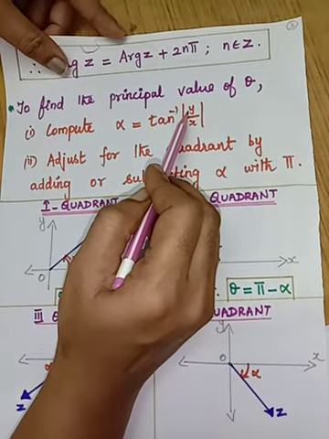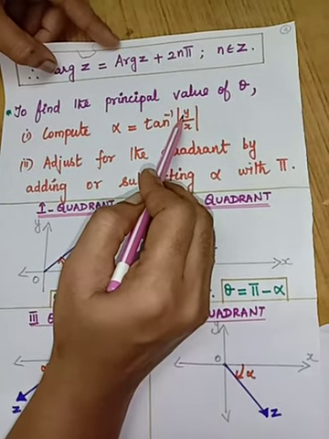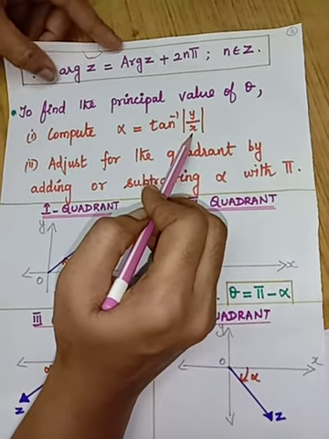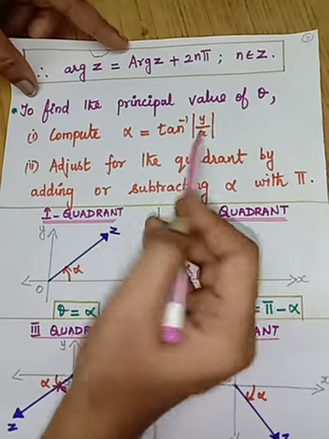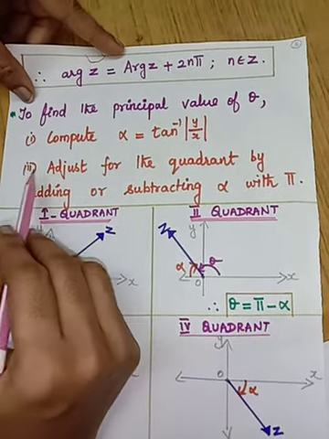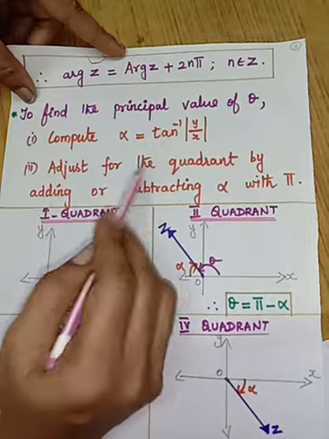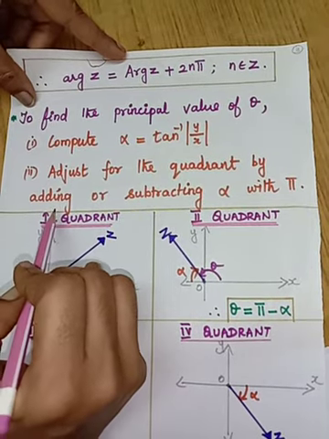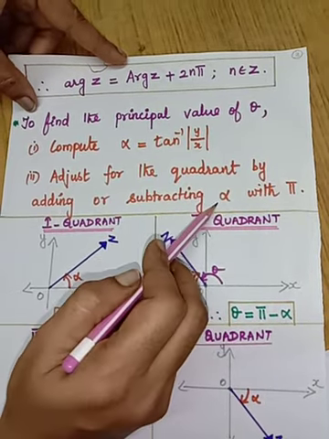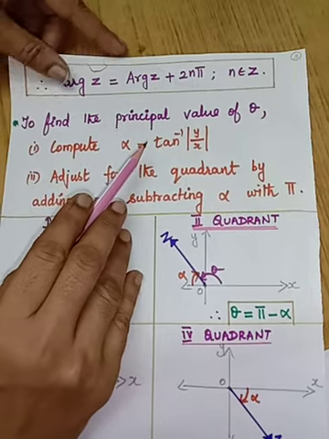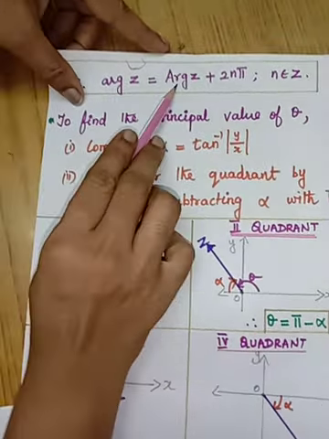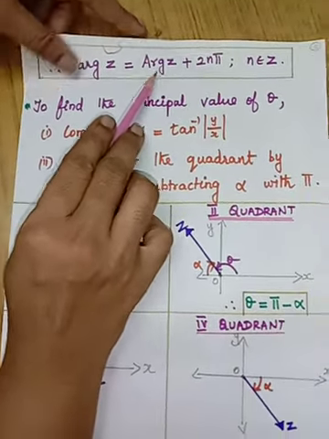Already I have said tan theta is equal to y by x. Here y is the imaginary part of the complex number and x is the real part of the complex number. After finding alpha, second, according to the quadrant, you have to add or subtract this alpha with pi. Then only you will get the principal value of theta.